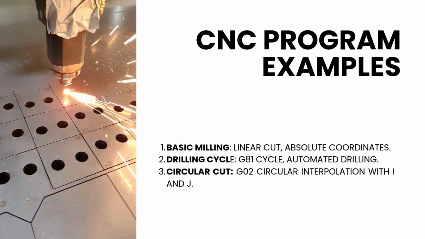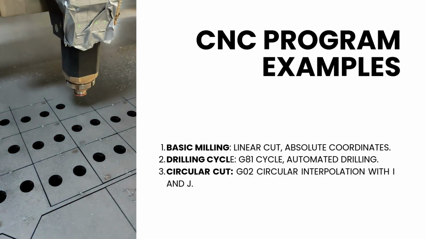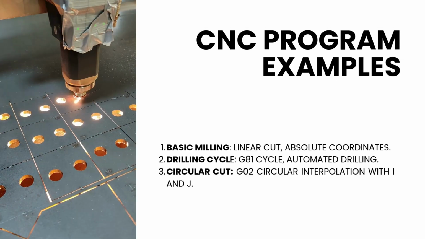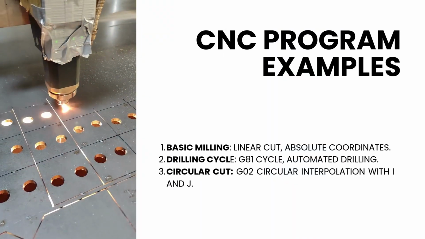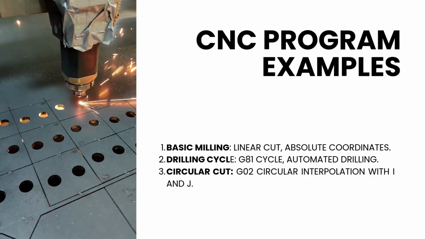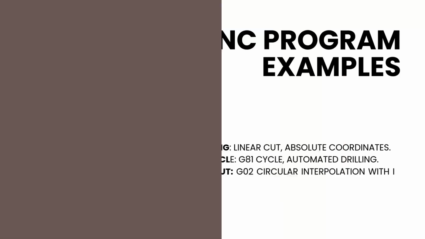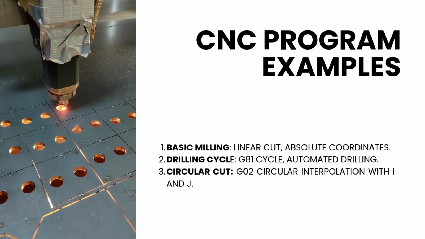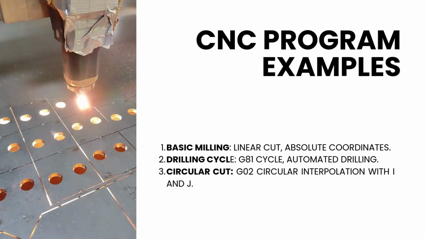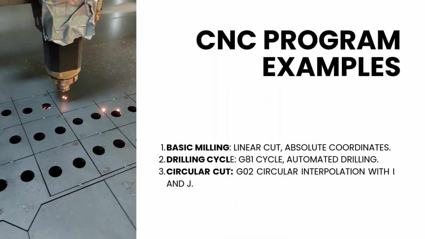Our third example is a circular interpolation cut. O3001 circular cut, G21, G90, T03, M06, S1000, M03, G00, X0, Y0, Z5, G02, X50, Y0, I25, J0, F150, M05, M30.